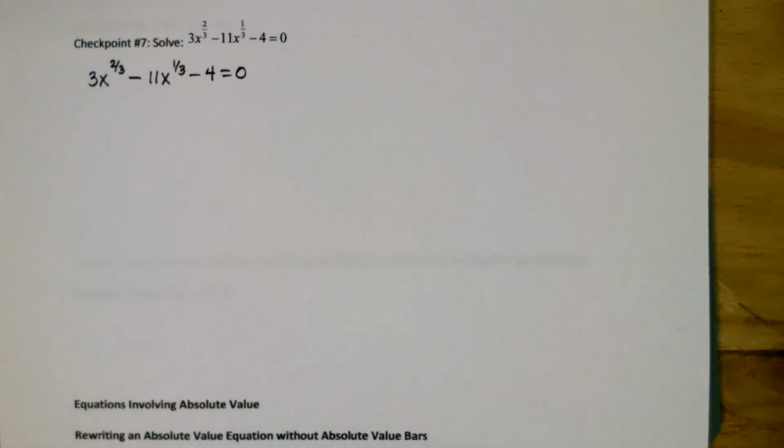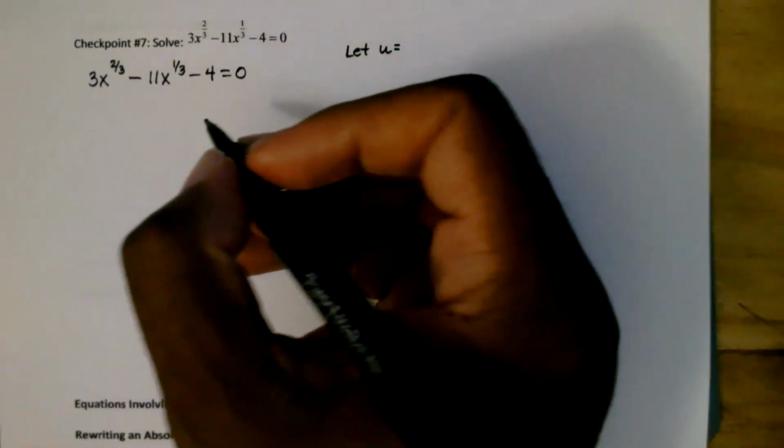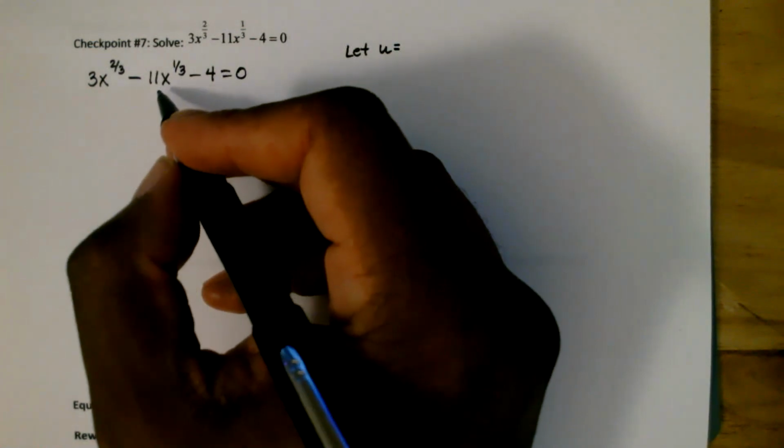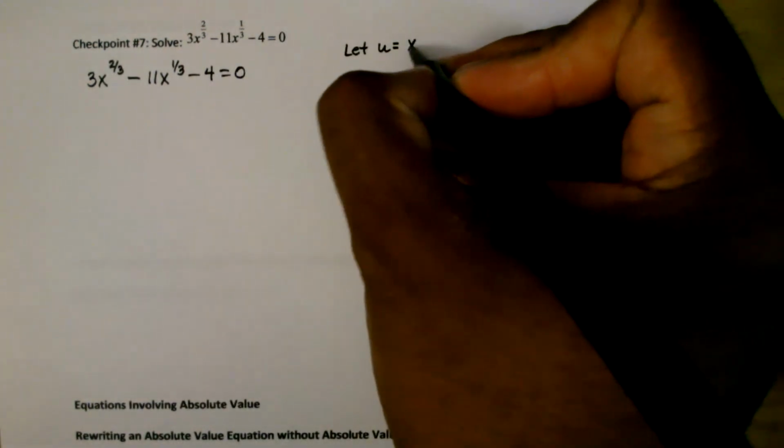Now, in this case, this is what we need to do here. We're going to let u be that variable of the middle term. That's the x to the 1/3. So we're letting u equal to x to the 1/3.